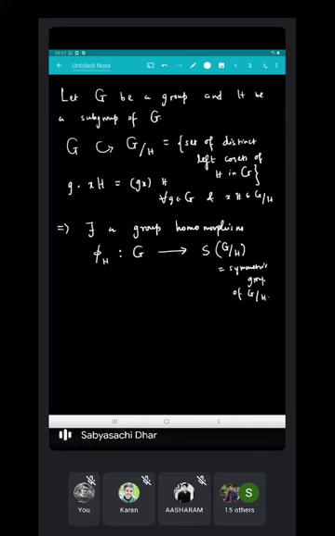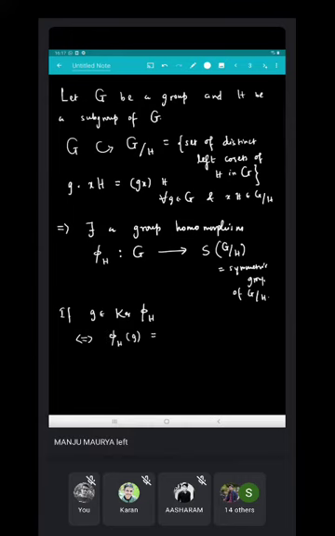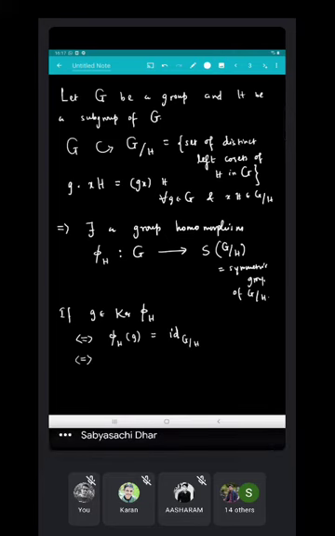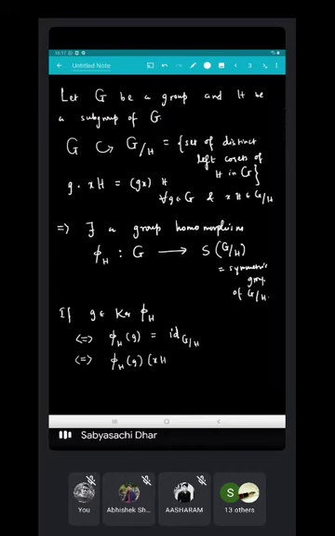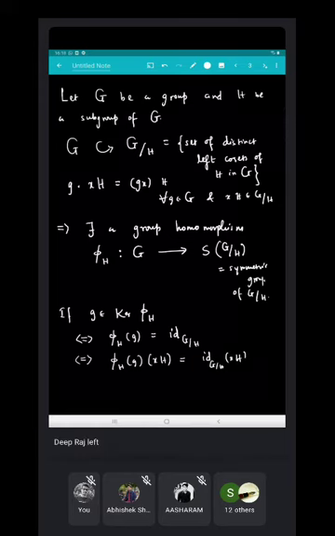This implies, if and only if, that phi of g equals the identity map on G mod H. That is, phi of g acting on any xH equals the identity on G mod H acting on xH.